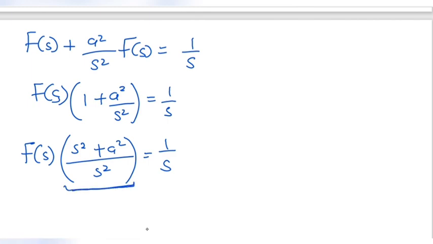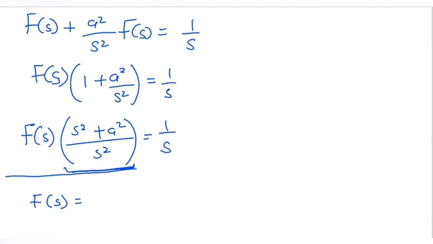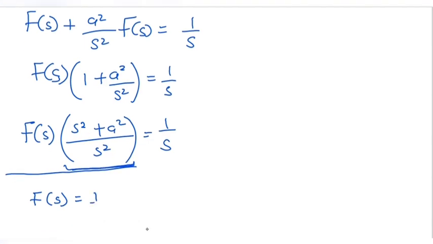If we divide this side by the term, we just have f of x. And if we divide the other side, 1 over x, by this term, we're going to have 1 over x times x squared over x squared plus a squared.